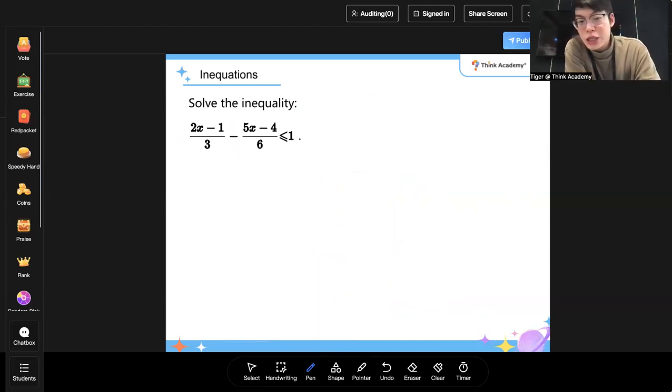Well, the next question is just having more fractions. Like what we did yesterday, we just need to find out the LCM of the denominators first. That's the grab step. Get rid of the fractions. So the LCM of 3 and 6 is going to be equal to 6, right?